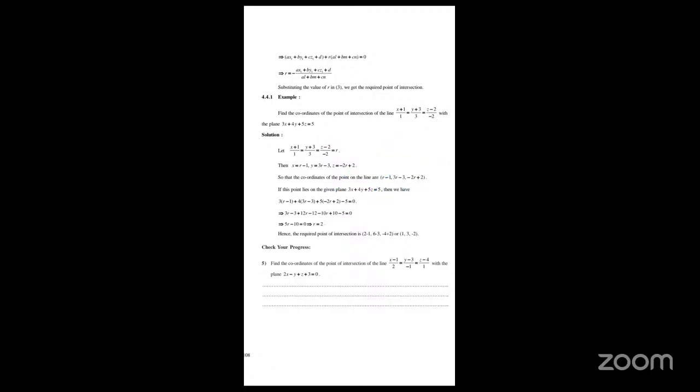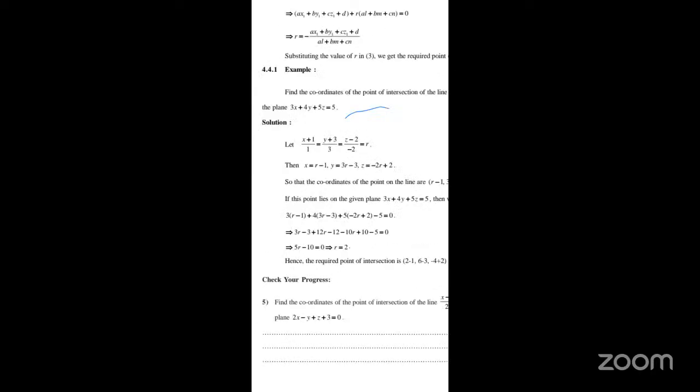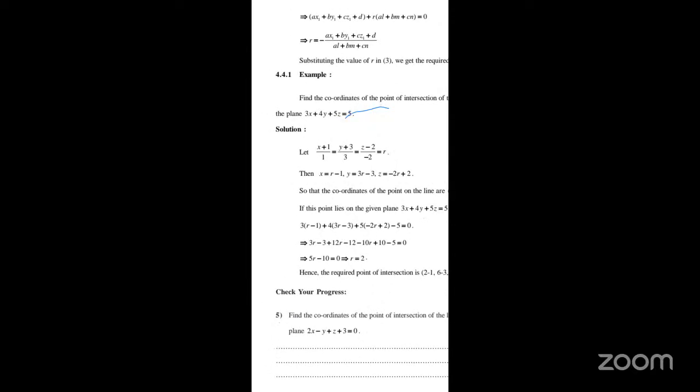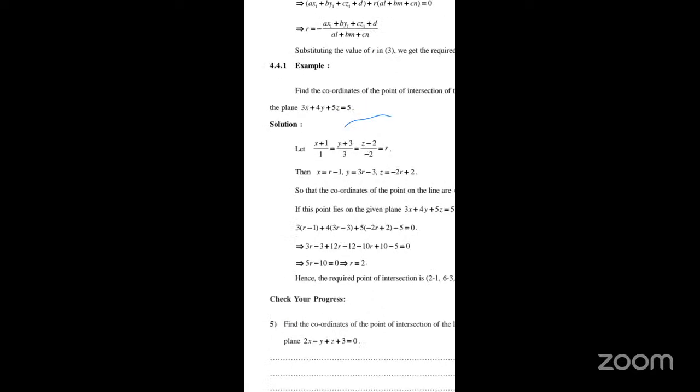Next, x plus 1 by 1, y plus 3 by 3, z minus 2 by 2 equal to r. So this is x equal to r minus 1 and y equal to 3r minus 3 and z equal to minus 2r plus 2.